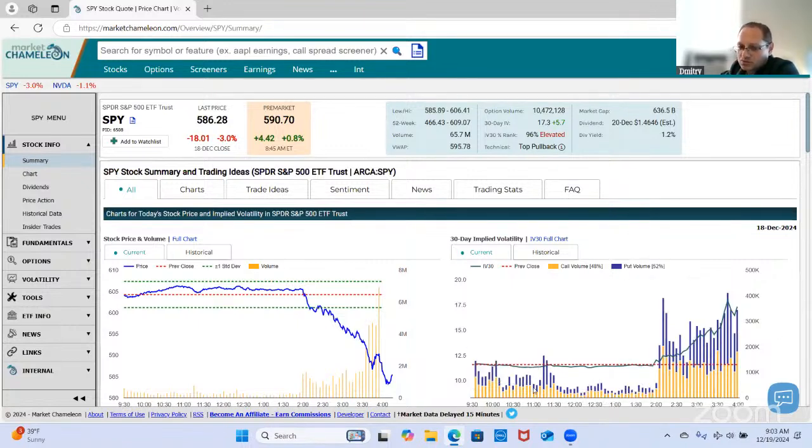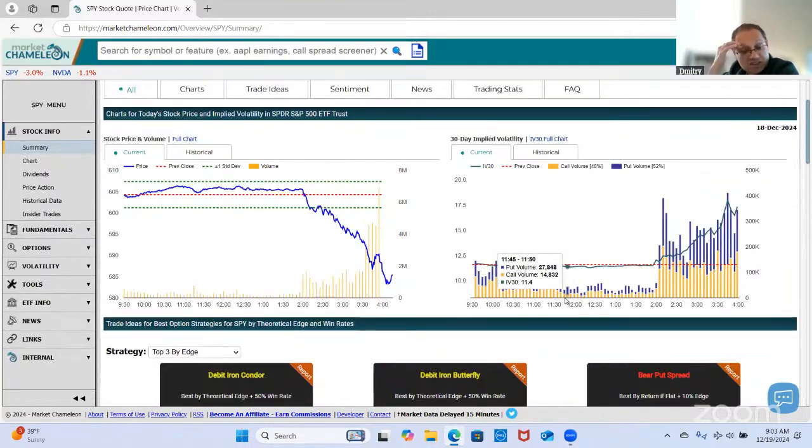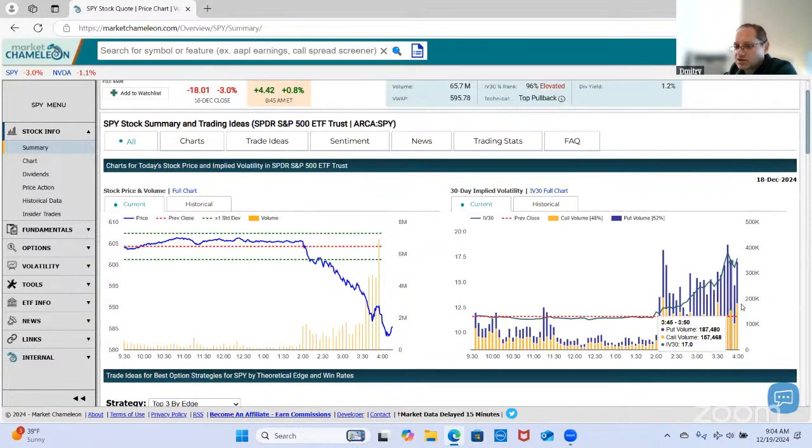To the right hand side, the solid line shows the implied volatility, and the stacked bars, the yellows are call volume and the blues are put volume, show 5-minute volume bars throughout the day. We could see that the volume significantly increased right after the Fed announcement, which correlated with a big spike in implied volatility.